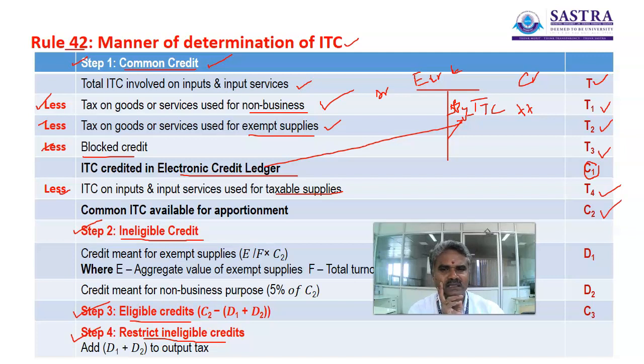Common means what? This is for some other, common, I mean exempt and blocked. Okay. Because both are included in your business. Because you may sell some exempted goods, you may sell some taxable goods, but here your total turnover will be considered as aggregate value.